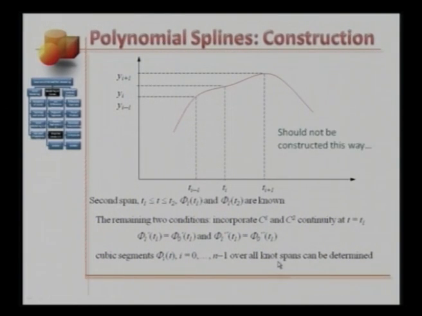But should the spline be constructed this way? Possibly not. Because if there are errors to start with from here, they keep on getting accumulated. They keep on getting added. To avoid that, we have a slightly different way of constructing polynomial splines.